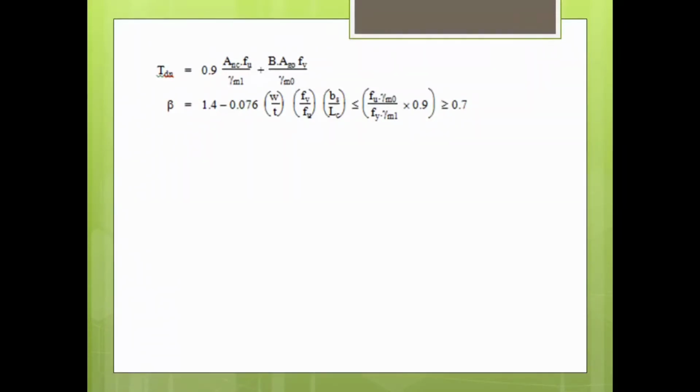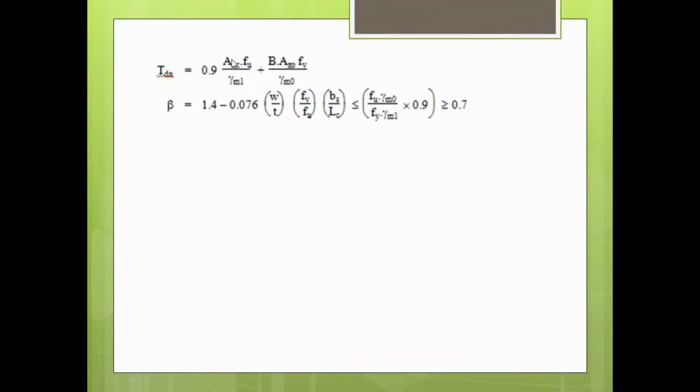Here, net area into ultimate stress divided by a partial safety factor is considered. This is for net area. This is the capacity for gross area. This B is not B, this is actually beta. This is gross area, this is yield stress, and this is again a partial safety factor.